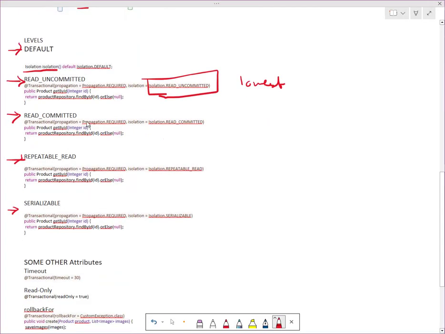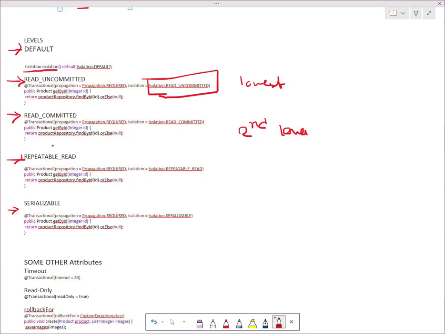Now read committed. Read committed is the second level of isolation. Here the dirty read problem is prevented, but the other problems, like the non-repeatable read problem or the phantom read problem, can occur.